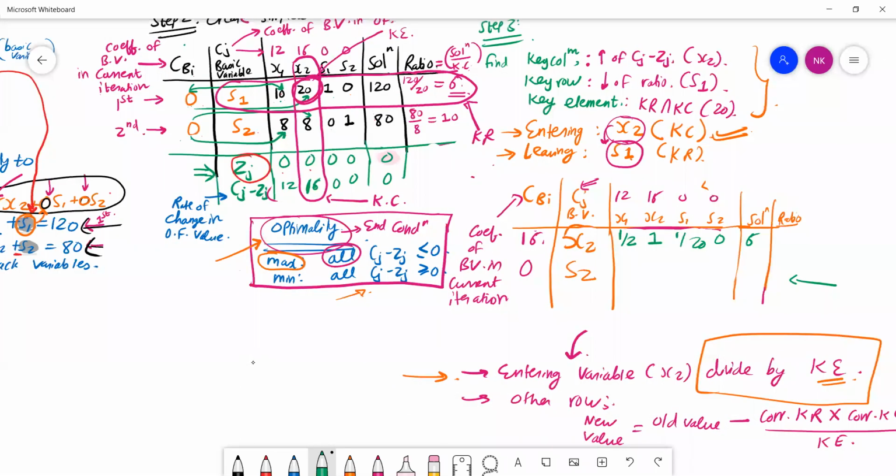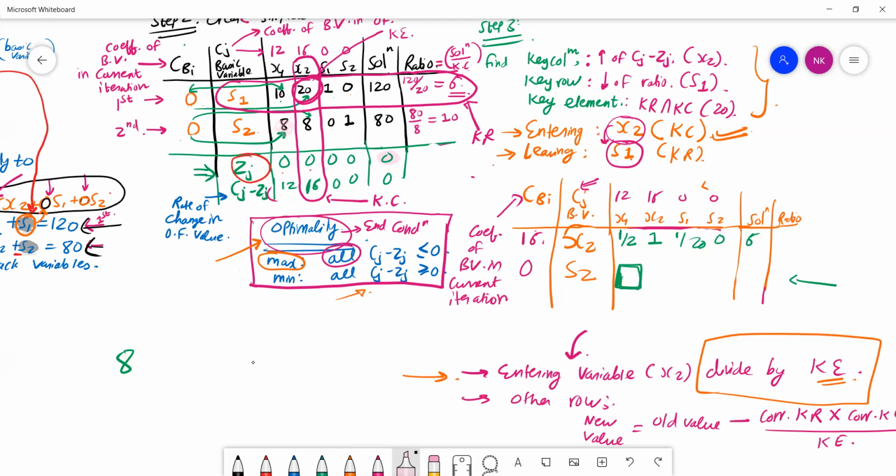So suppose I am trying to find the value at this particular place. The first element in the second row, corresponding to x1, I'm trying to find. Then at this particular place, what was our previous value? It was 8. The old value was 8. This one, 8. I'm just highlighting.